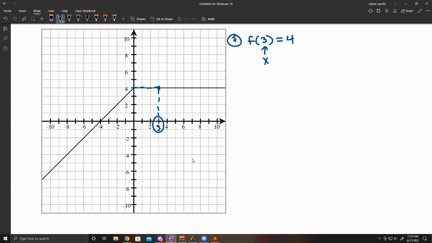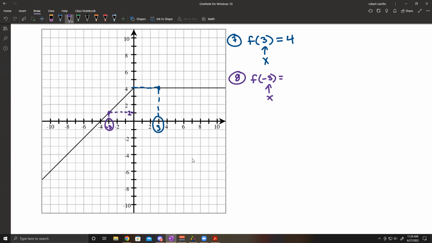Okay, we'll try it again. 8. F of -3. Now again, this says when x is -3, what is your value of y? So we go up to the nearest graph that we see and connect it to the y-axis.